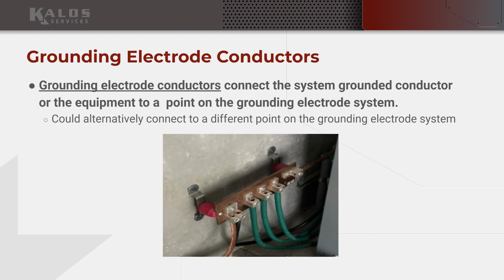And some of these other conductors are going off and feeding a transformer and various other areas. So we have our grounding electrode conductors coming in from our actual grounding electrodes, and then we have our grounding electrode conductors that will extend from here to our various sources. In this case, we had two service disconnects or something to that effect, and a transformer on this building. That's why we have all these conductors on this bar.